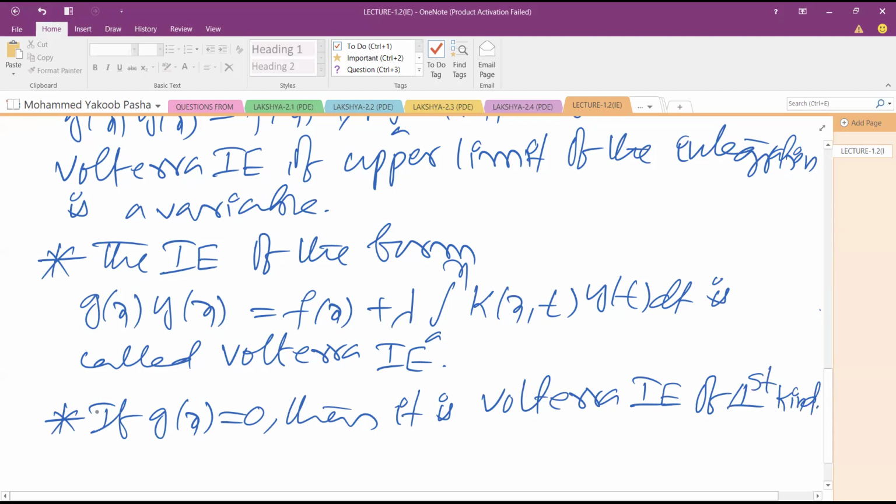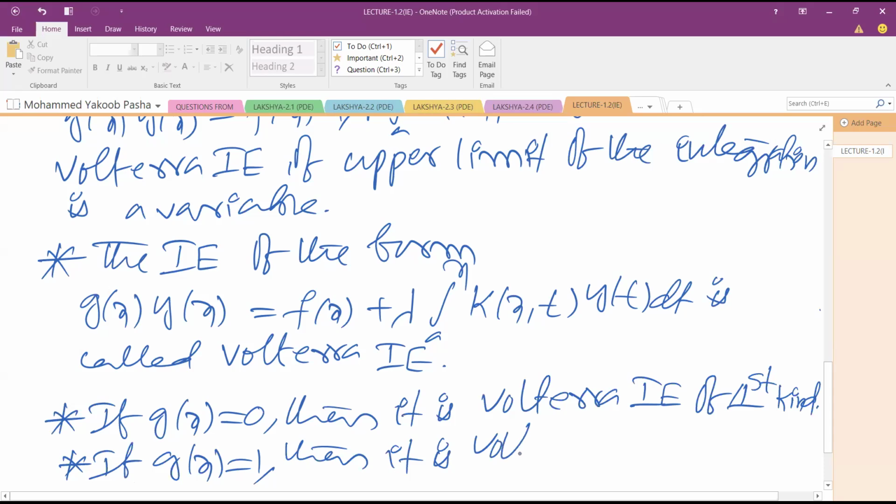When g(x) is equal to 1, this Volterra integral equation is called the Volterra integral equation of second kind.